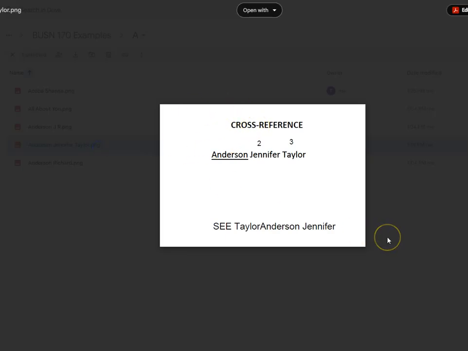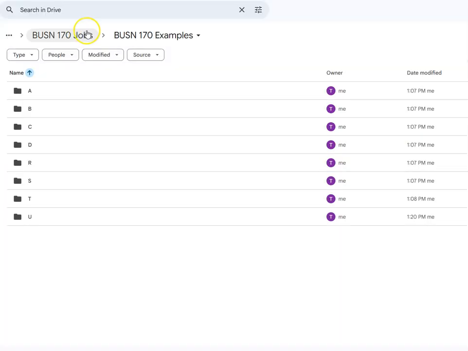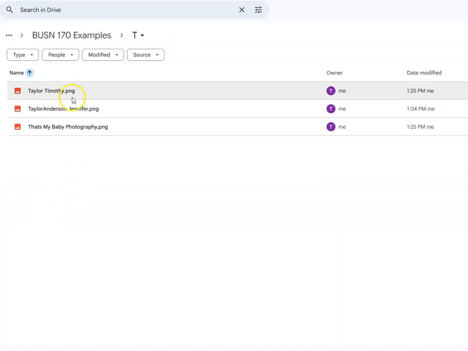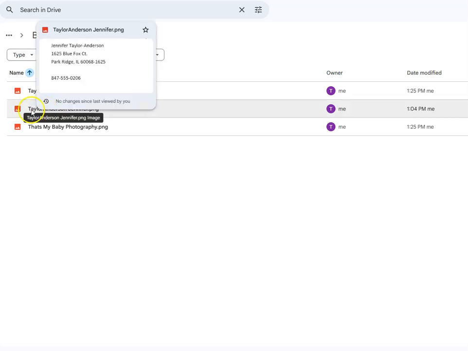So here's what that cross-reference would look like. Anderson would be the key unit, Jennifer is the second unit, Taylor is the third unit. And the original file that it's filed under is always in our C notation, which is C Taylor Anderson, Jennifer. And that tells me that I need to go to my T folder, and here's that file.